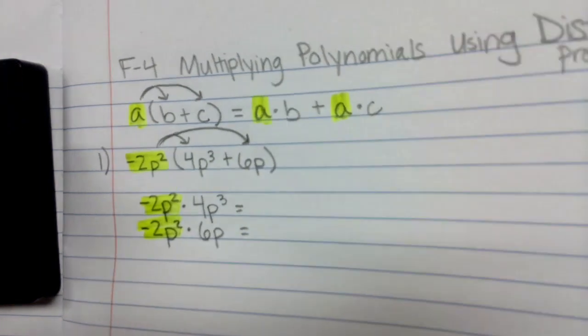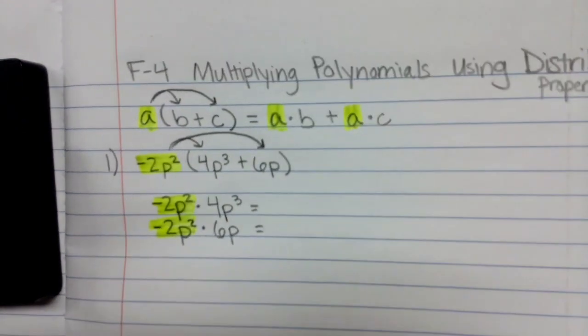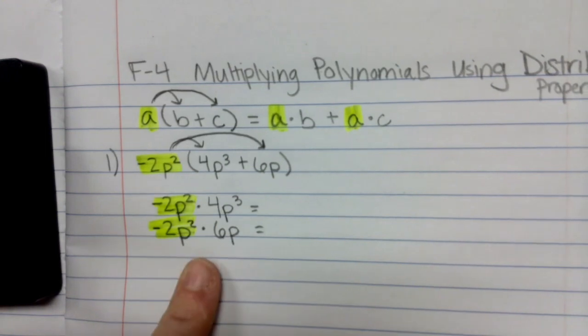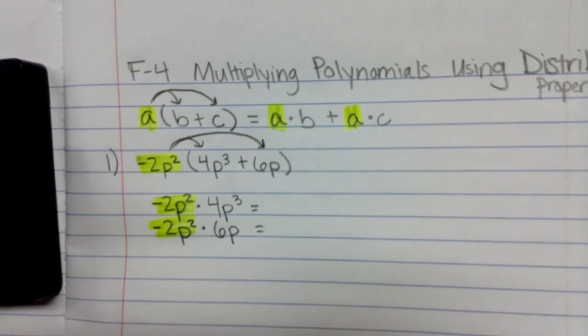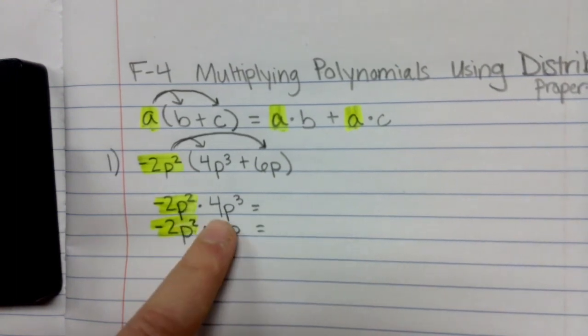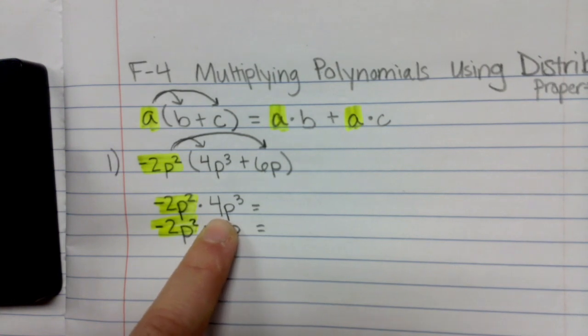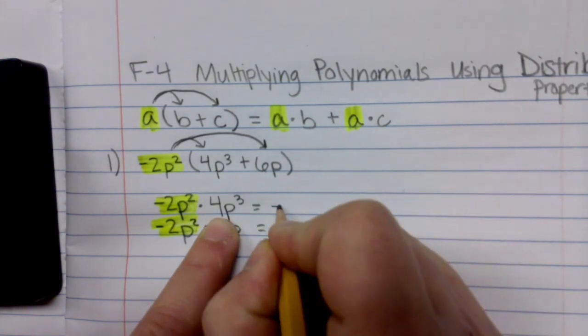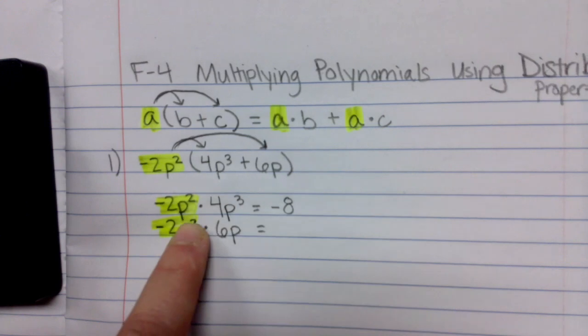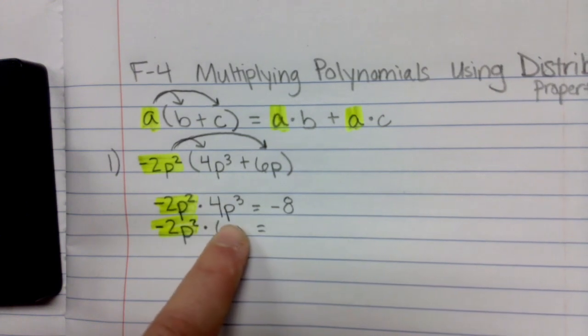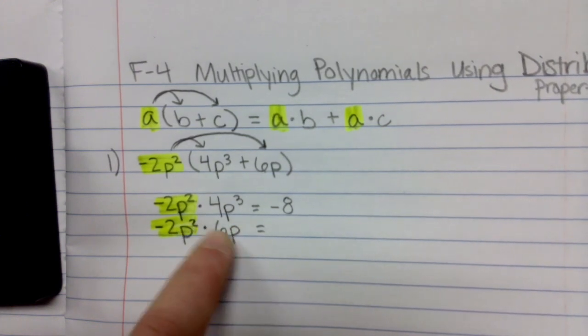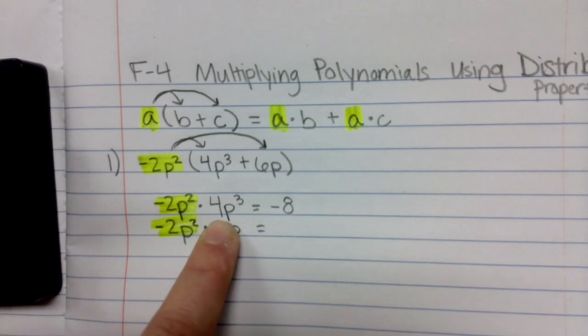Alright, I like to write out my multiplication first, then actually do the multiplication. So what is negative 2 times 4? Negative 8. And then if I have p squared and a p to the third power, so I have 2 p's and then 3 more p's. How many p's total is that? 5. So p to the 5th power.